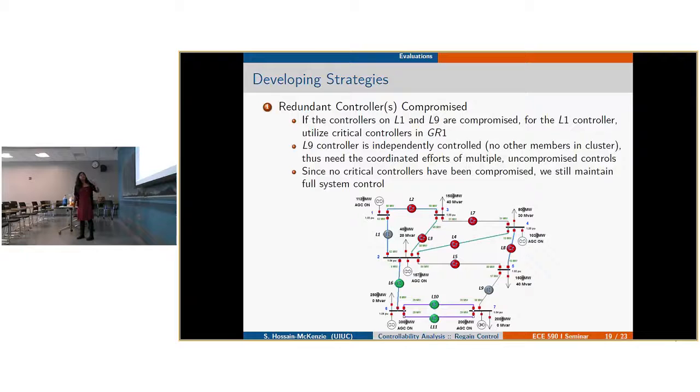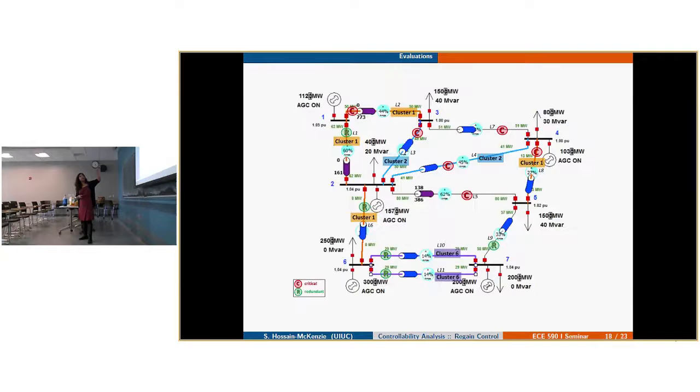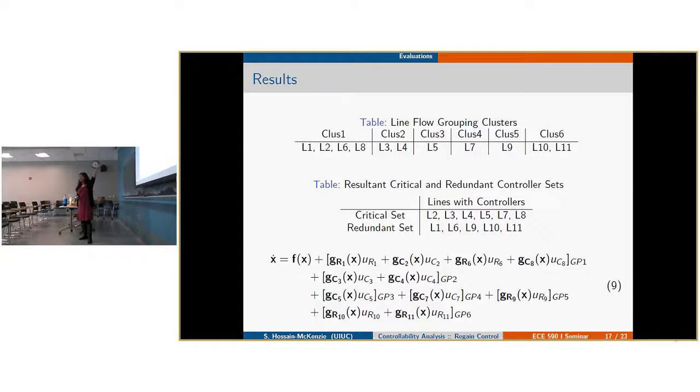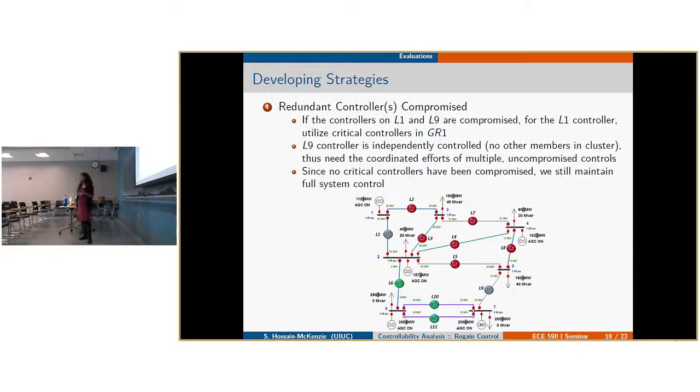So if only redundant controllers are compromised, for example the controllers on lines 1 and 9, as shown in gray in the figure, we know that since L1 was in group 1, all the rest of the controllers within that control support group are going to be the most effective in trying to mitigate any adverse actions that compromised controllers try to take.